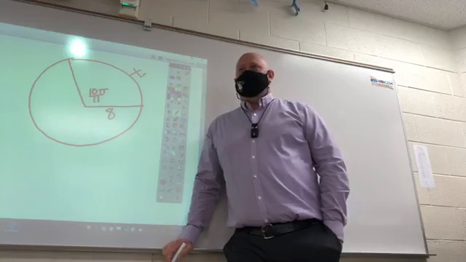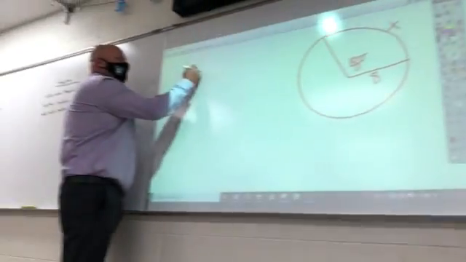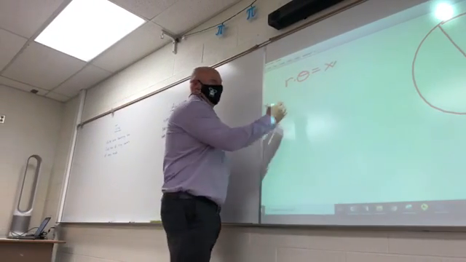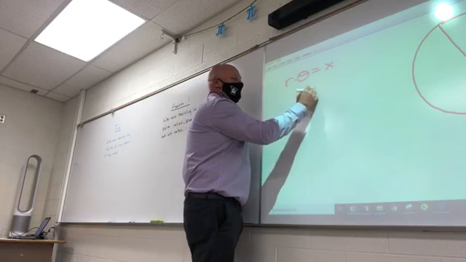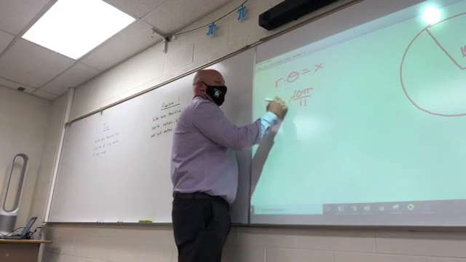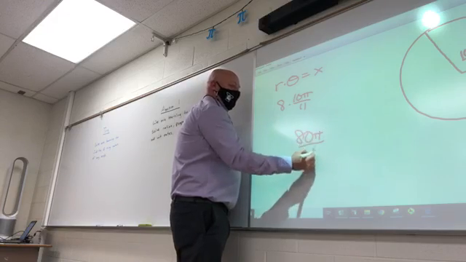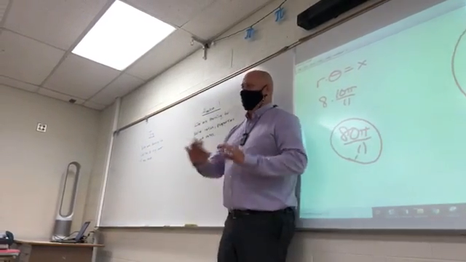Just multiply the radius. So the radius times the angle equals the arc length, right? And all I have to, as long as it's in what? As long as it's in radians. So 10 pi over 11 times 8 is going to be 80 pi over 11. You're done. That's all you got to do.